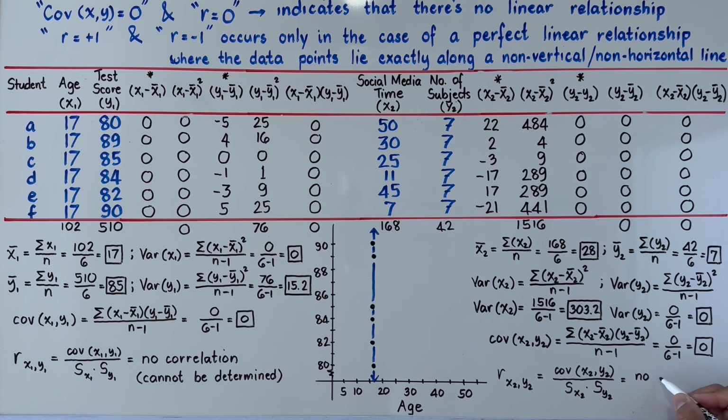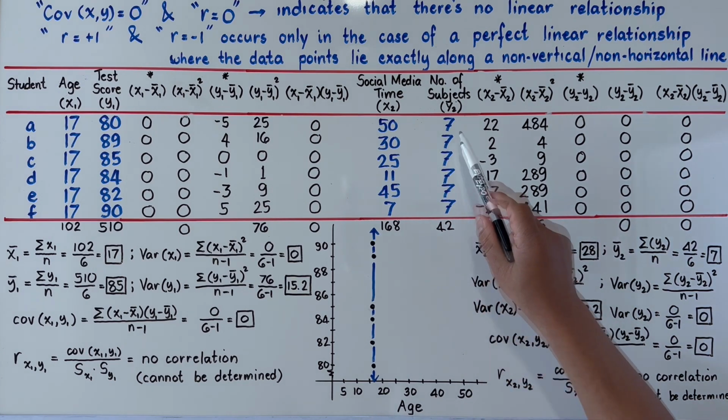So here, we don't have any correlation. No correlation. Why? Because the correlation cannot be determined. Why can we not determine the correlation? Because one variable is constant.